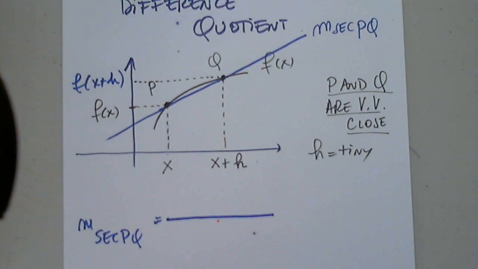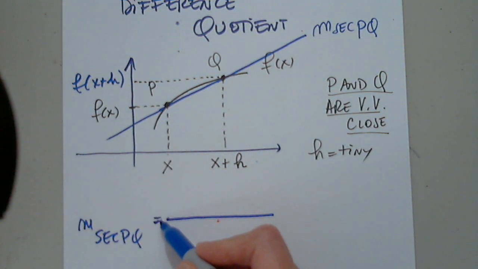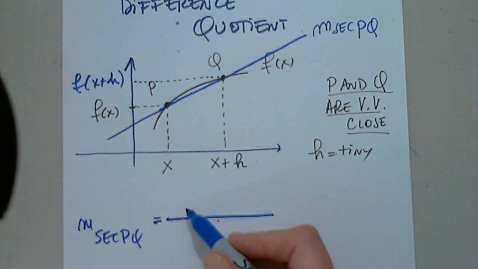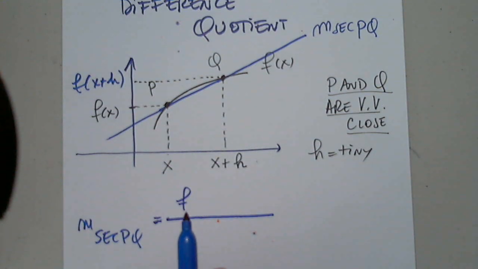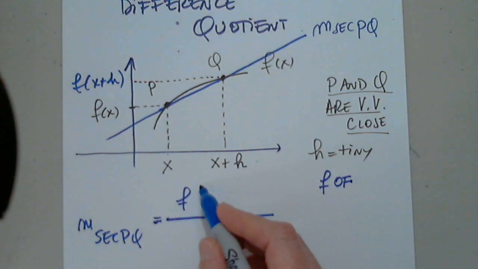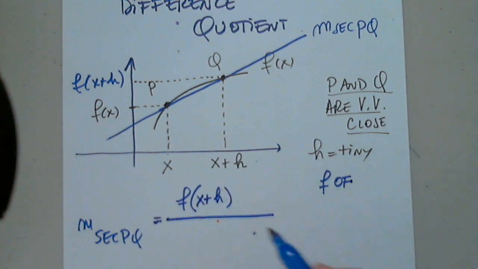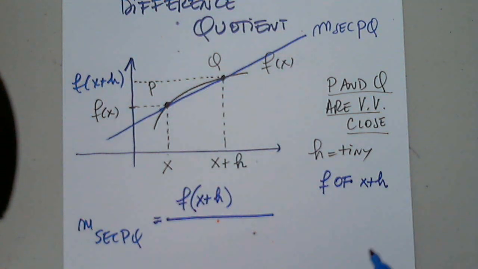Would it just be doing rise over run? Yes? So let's see. Wouldn't you start with f of x plus h? It's not sub, it's f of x plus h.